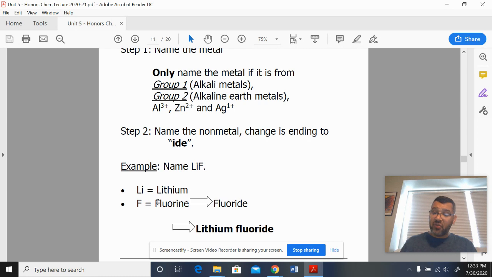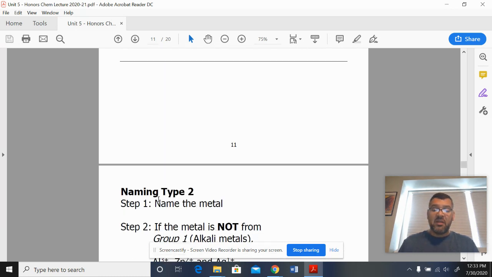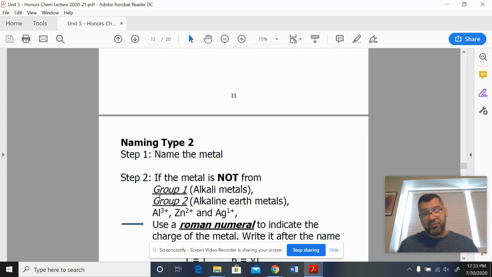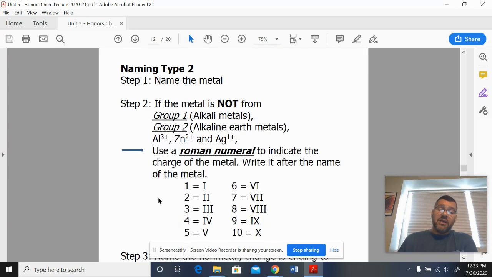Now, what happens when you don't have a metal that's in group 1, group 2, aluminum, zinc, or silver? That's the next type, type 2. So here you name the metal, find it on the periodic table, name it, and then verify that it's not in group 1 or group 2 or aluminum, zinc, or silver. If that is true, you're going to use a Roman numeral in the way that I'm about to show you to show what the charge of the metal is.